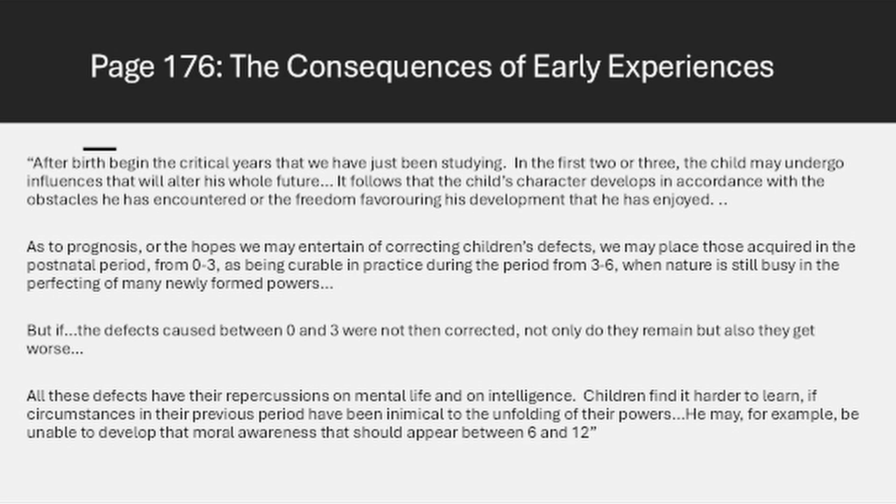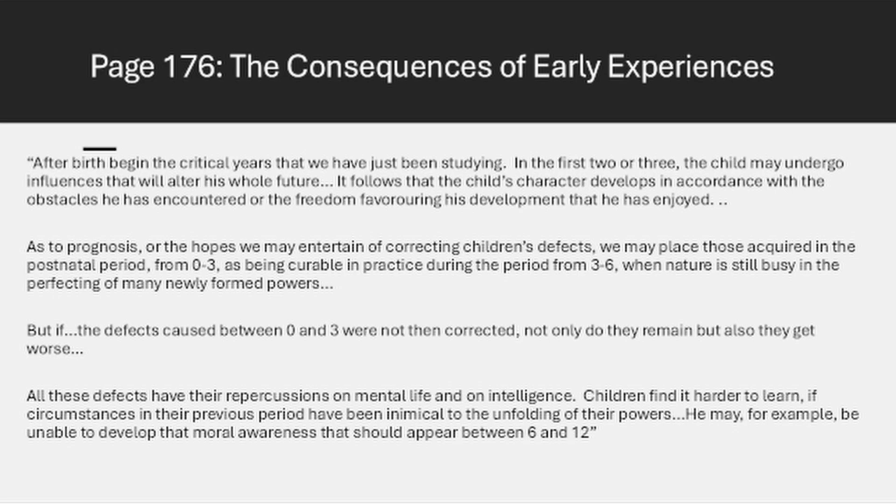All these defects have their repercussions on mental life and on intelligence. Children find it hard to learn if circumstances in the previous period have been inimical to the unfolding of their power. He may, for example, be unable to develop the moral awareness that should appear between 6 and 12."